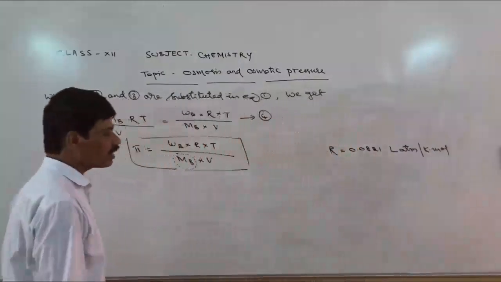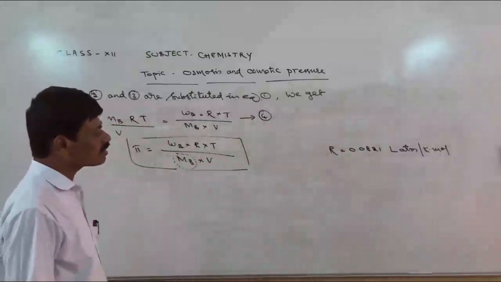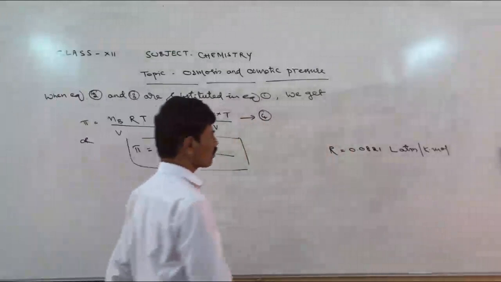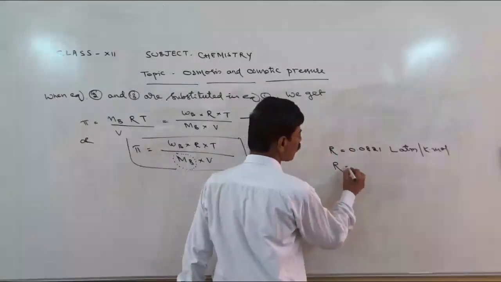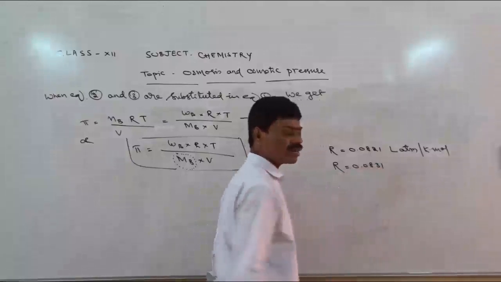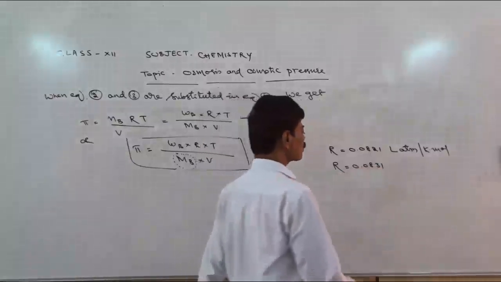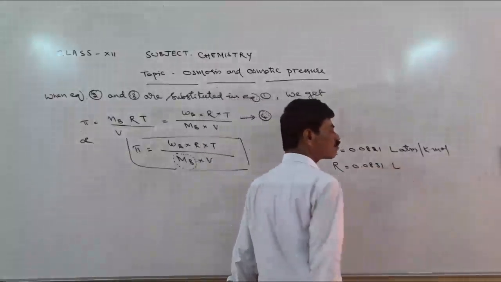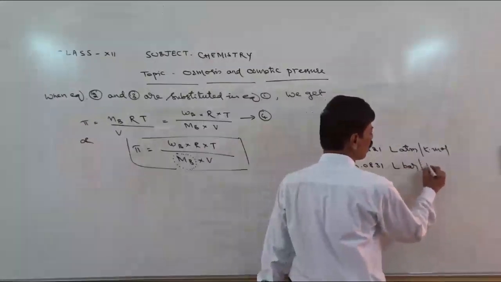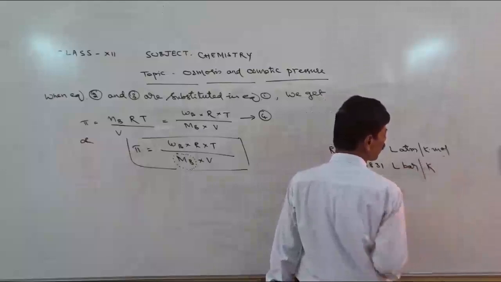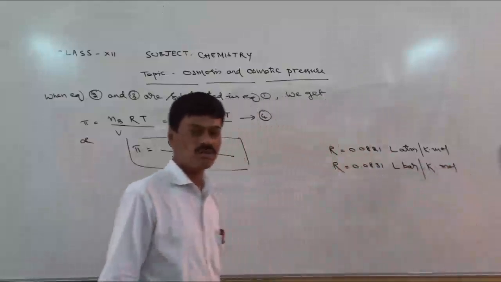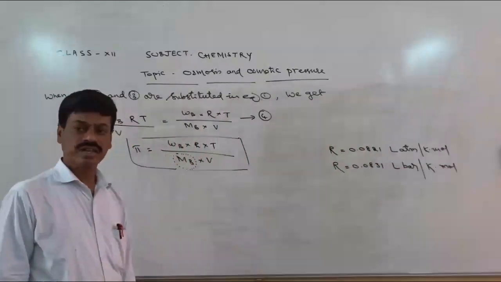This R value you can take when the volume is given in terms of liters, pressure is given in terms of atmosphere, or this R value can be 0.0831 when volume of the solution is given in liters but pressure is given in terms of bar, and the remaining things like temperature and quantity of the non-volatile solute remain same.